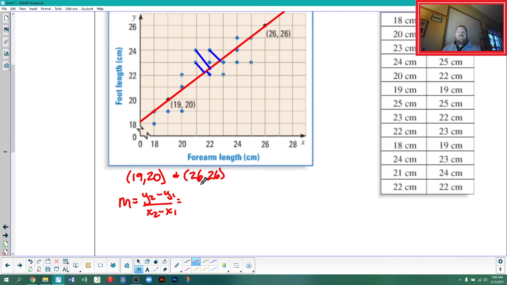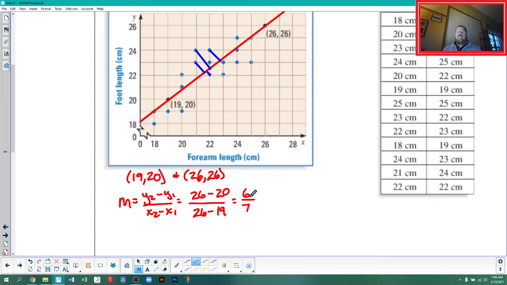And so y2, we'll call that 26 minus 20 over 26 minus 19. 26 minus 20 is 6. 26 minus 19 is 7. So it looks like my slope is going to be 6/7.